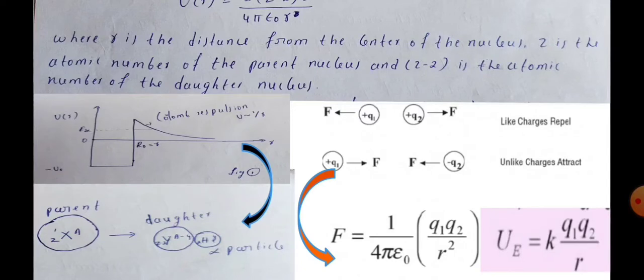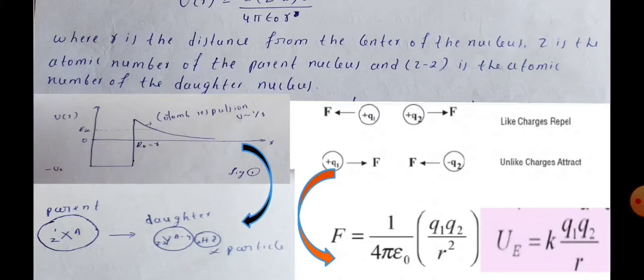The same concept we are going to apply to the nucleus. Here on the left side we can see the daughter nucleus and the alpha particle, which freely exists in the parent nucleus, and they are separated by distance small r.